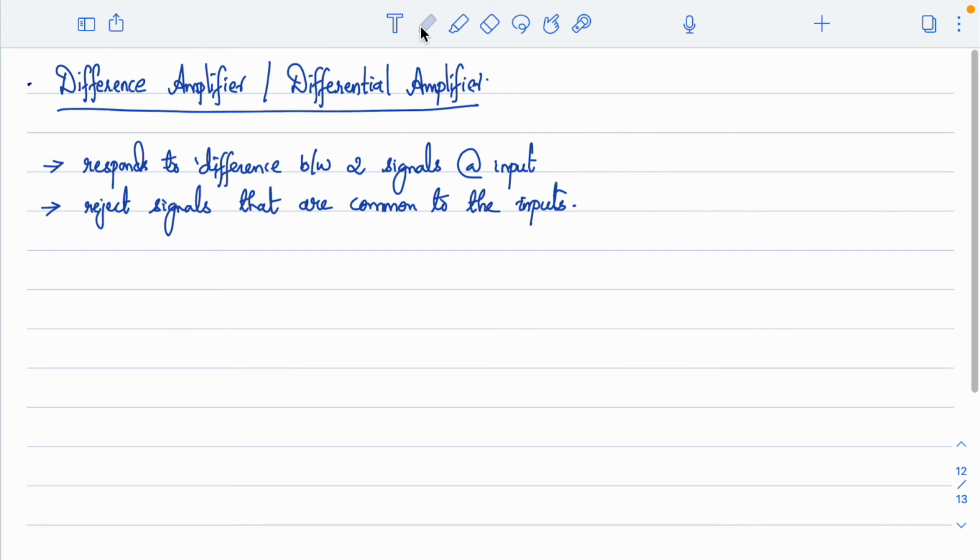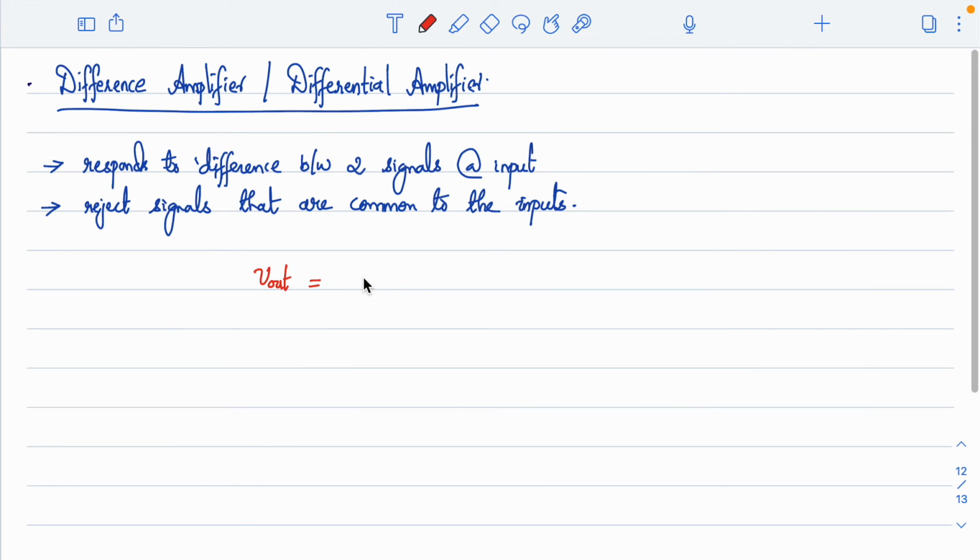Keeping these two features in mind, we can write the expression for the output voltage of a differential amplifier as V0 is equal to VID times AD plus VCM times ACM.